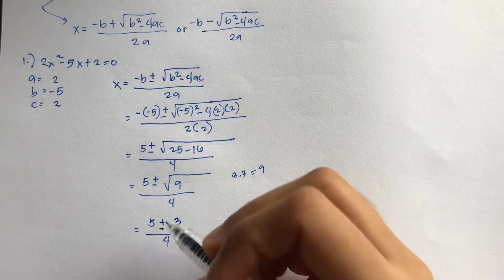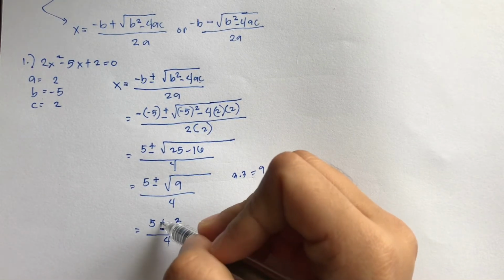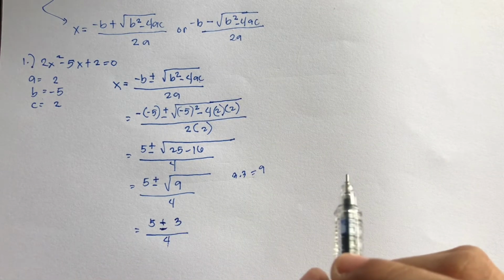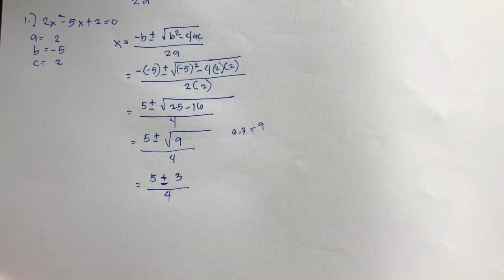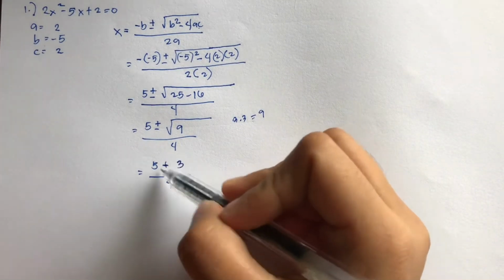So we have x is equal to 5 plus and minus 3 divided by 4. Now, the next thing that we have to do is to split up these two signs.